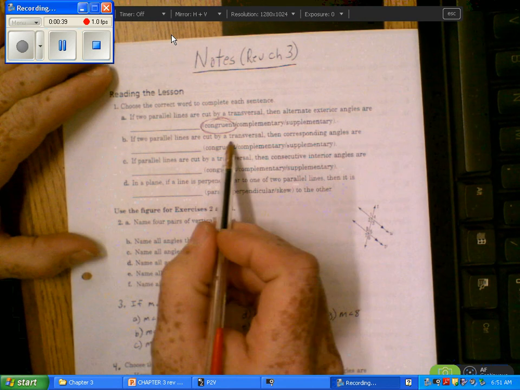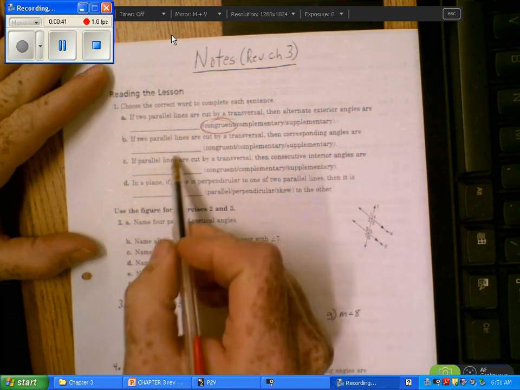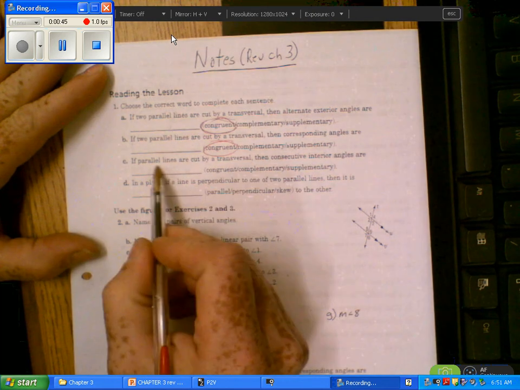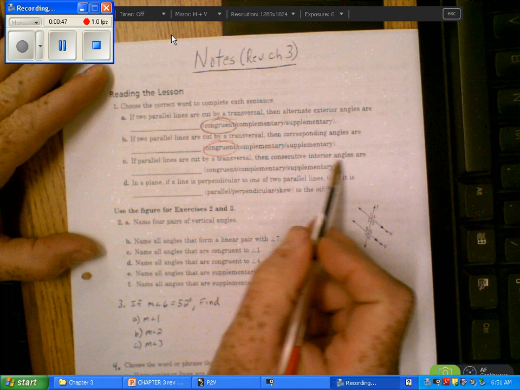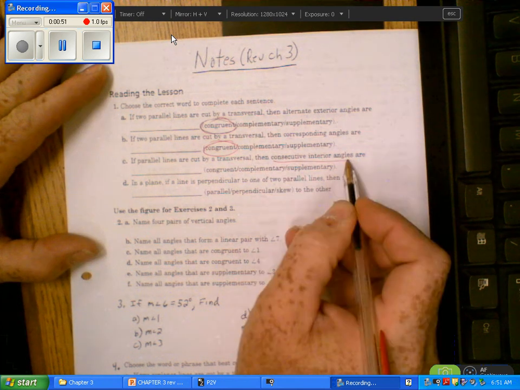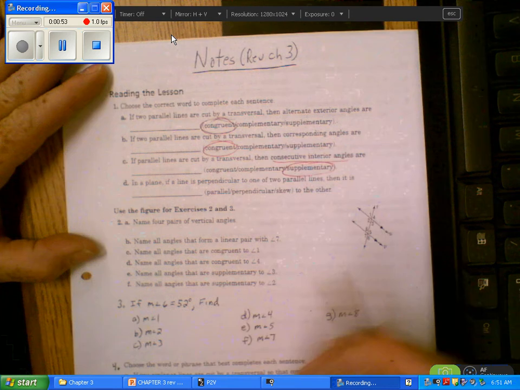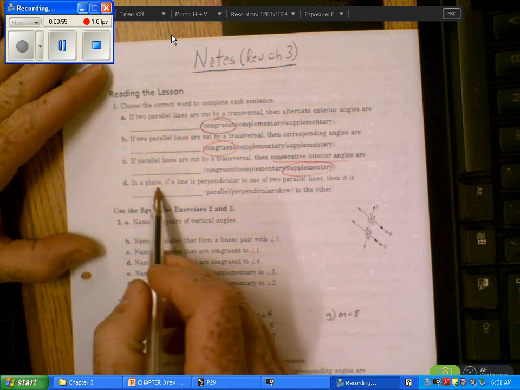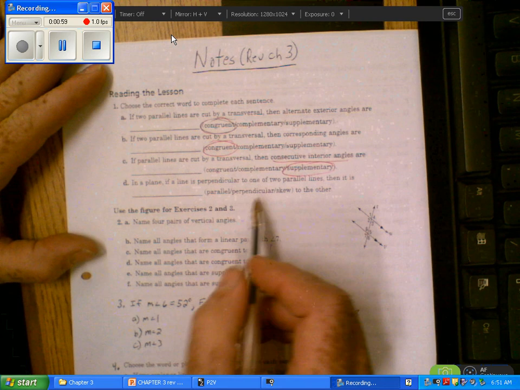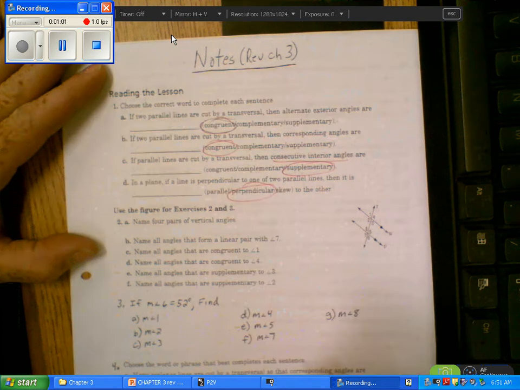If two parallel lines are cut by a transversal, then corresponding angles are congruent. If parallel lines are cut by a transversal, then consecutive interior angles are, this is the one that's different. Remember, consecutive interior are different. They're supplementary. In a plane, if a line is perpendicular to one of two parallel lines, then it is perpendicular to the other.